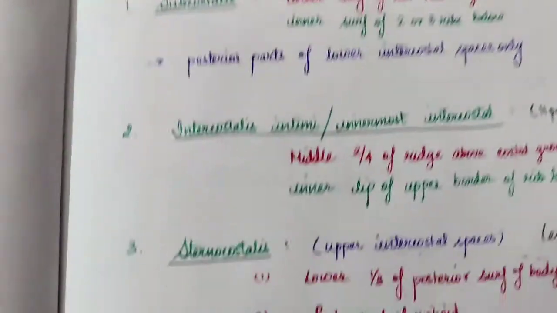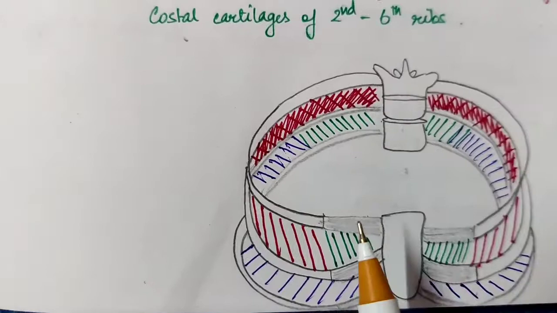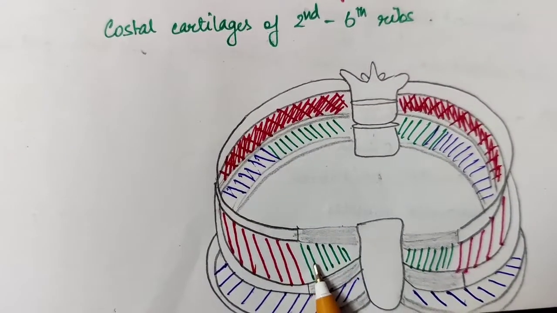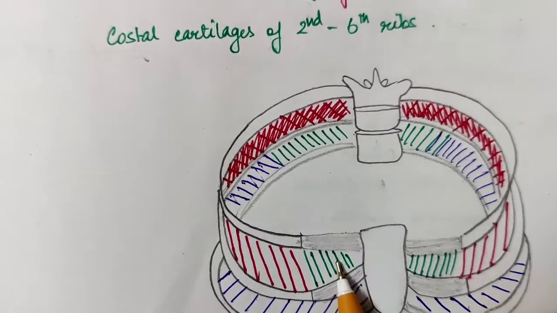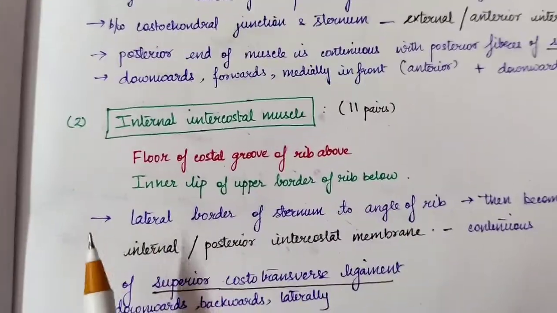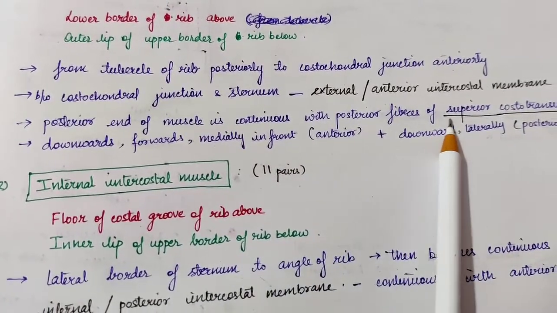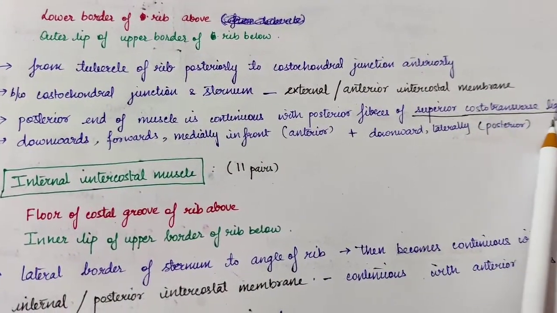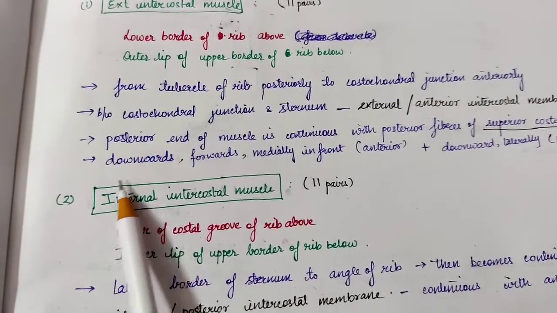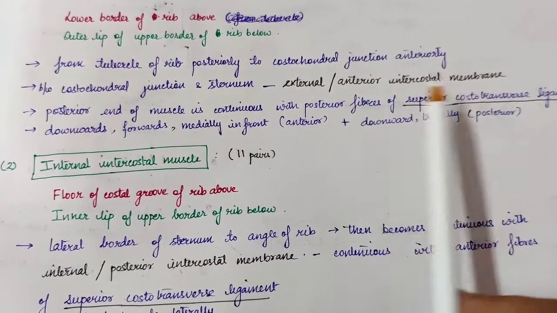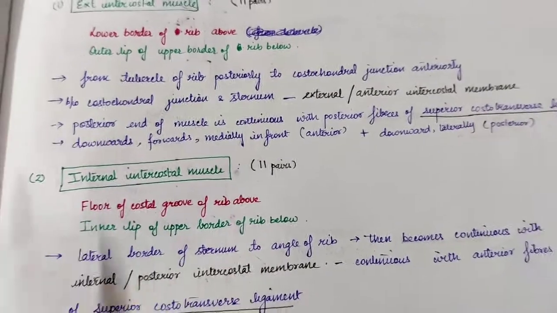Next, the posterior end of the muscle is continuous with the posterior fibers of the superior costotransverse ligament.